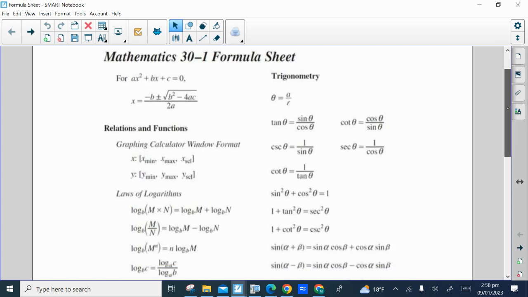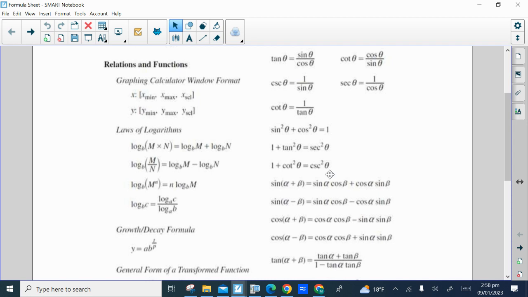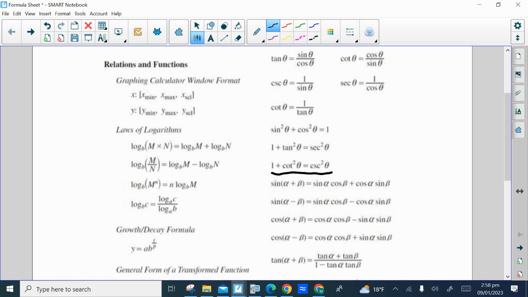So there's the formula sheet. And that's the one that we just worked with. I showed you where it came from. It came from the Pythagorean identity, which is above there. So we took that and we divided all the terms by sine squared theta, and it gave us 1 plus cotan squared theta equals cosecant squared.